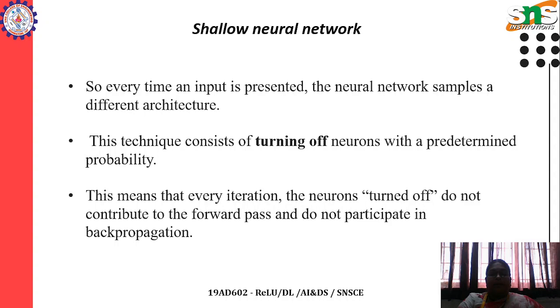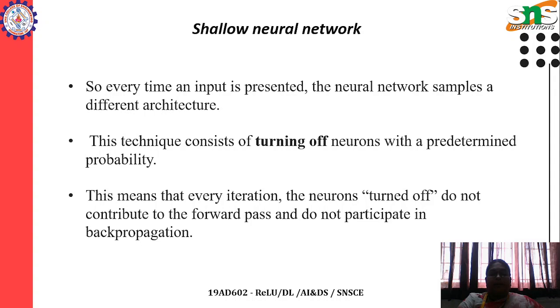In the neural network, every time an input is presented, the network samples a different architecture. Dropout is a technique of turning off neurons with a predetermined probability.